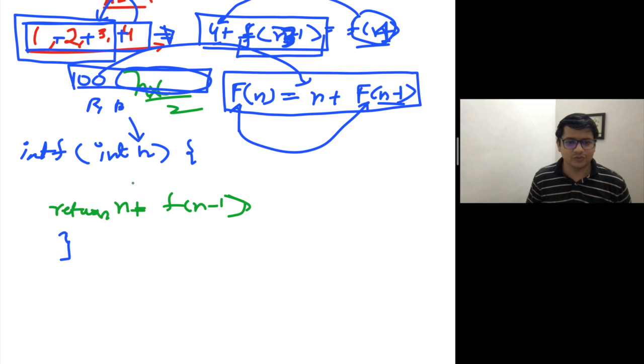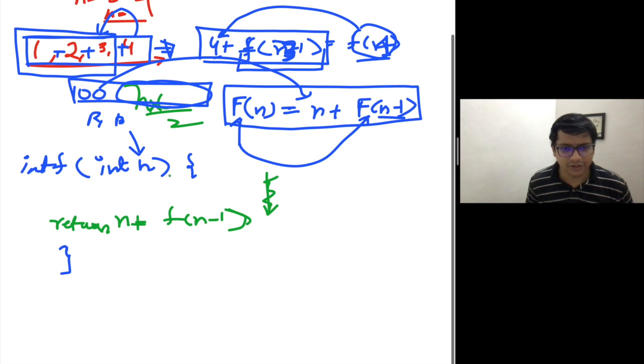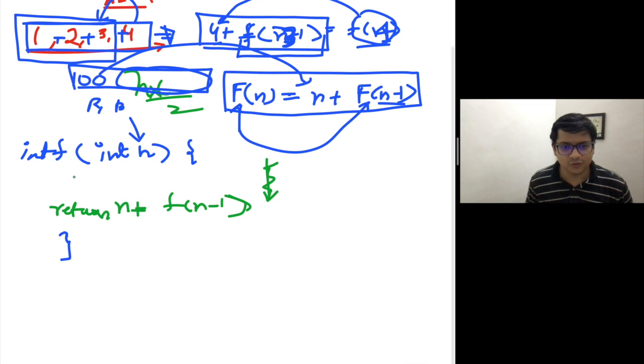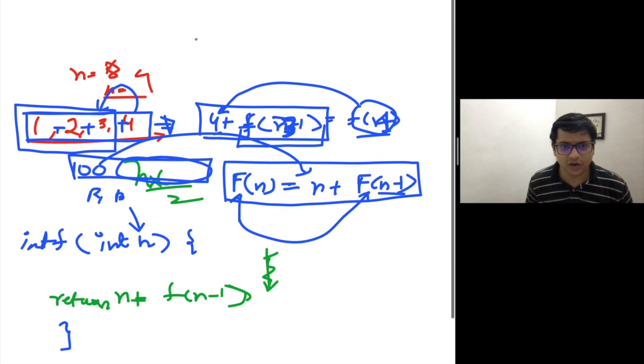Actually, this is not going to work. It leads to an infinite loop, because there is no base condition. No one is stopping that particular function at a particular point, as I have already explained earlier. So what will happen if we run out of numbers?